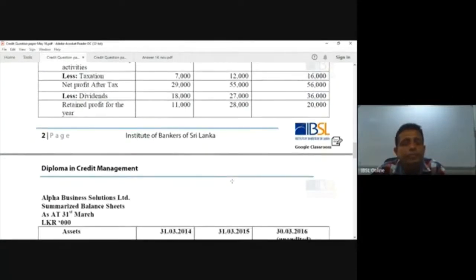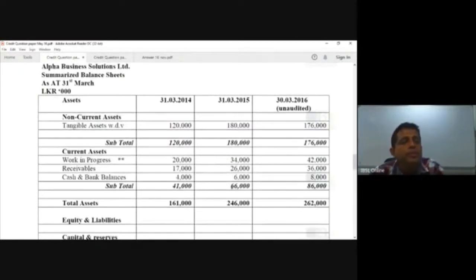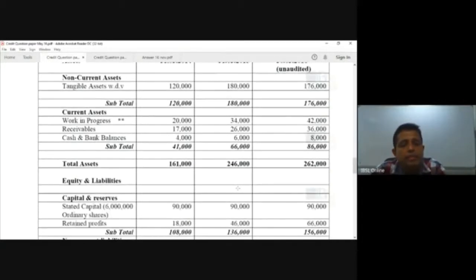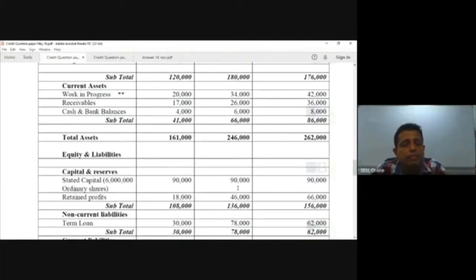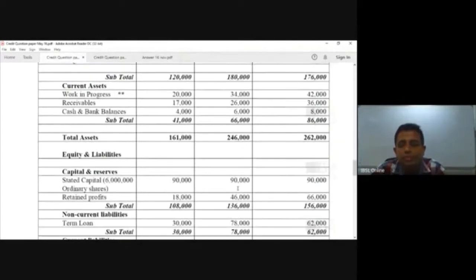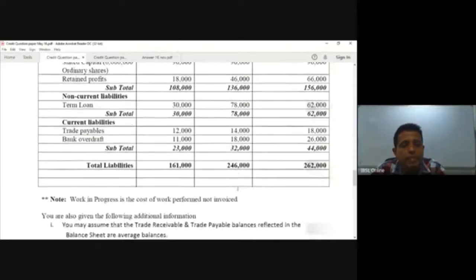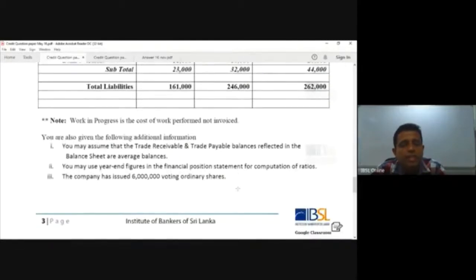Then the balance sheet is there also. Under the balance sheet, non-current assets, current assets. Then for the equity and liabilities, capital, you have 6 million shares worth 90 million for 2014. And you have these non-current liabilities and current liabilities. And they have also given additional notes.